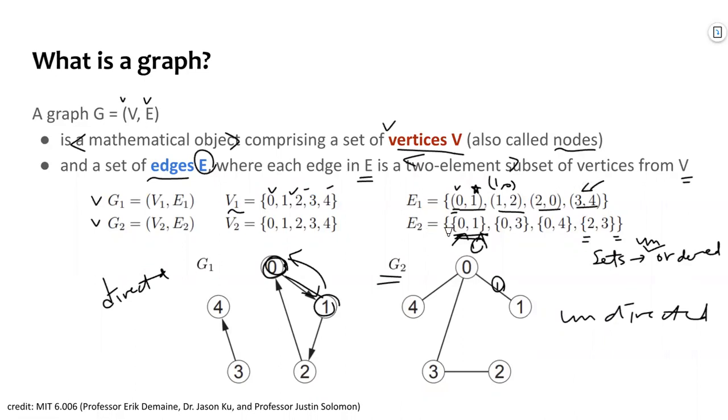And in the case of curly braces, you do not denote the direction. However, in this case, the first element is the starting point, and the second element is the end point. All right. So there are two examples of graphs. One was directed and the other was undirected.